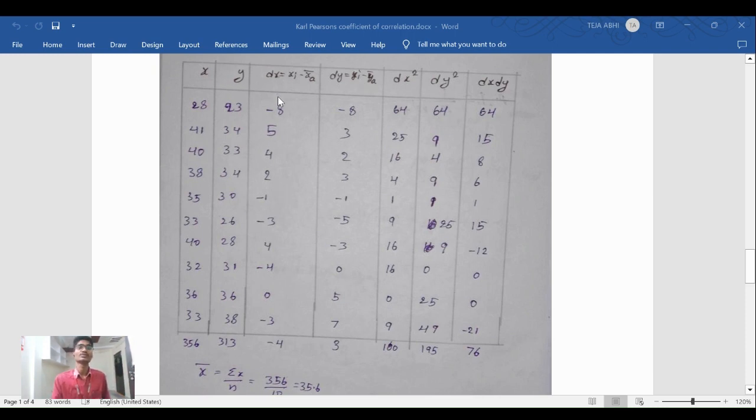So I need to find the summation of dx and the summation of dy. As we know from the formula, in the denominator we have to find the values of dx square and dy square also. So I'm finding the values of dx square here and dy square here.